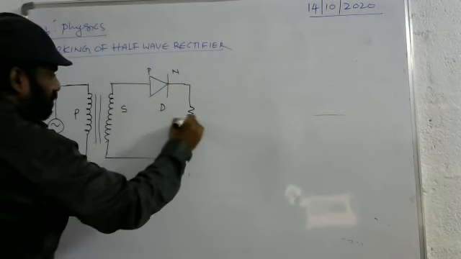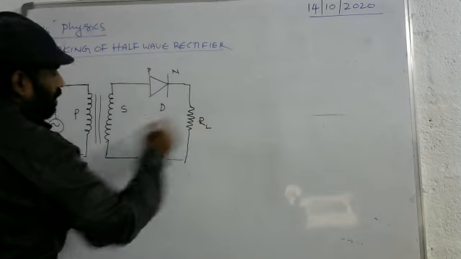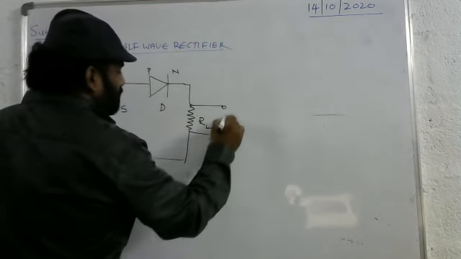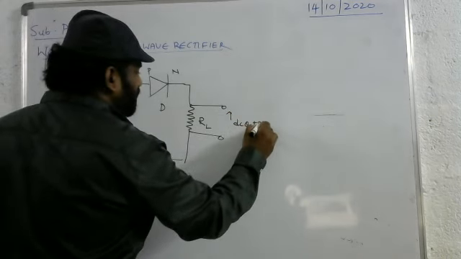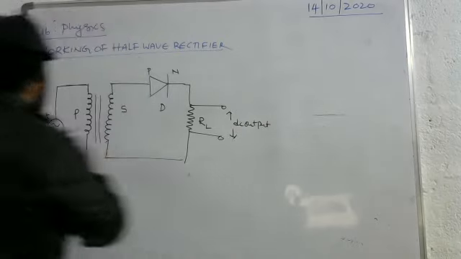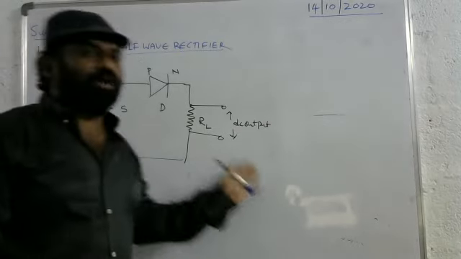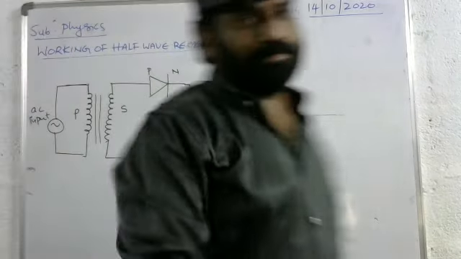Here is the resistance, called RL, the load resistance. From this load resistance we get the DC output. Here we are giving AC as an input and here we are getting DC as an output. This diagram carries 1 mark in our IP, very important.